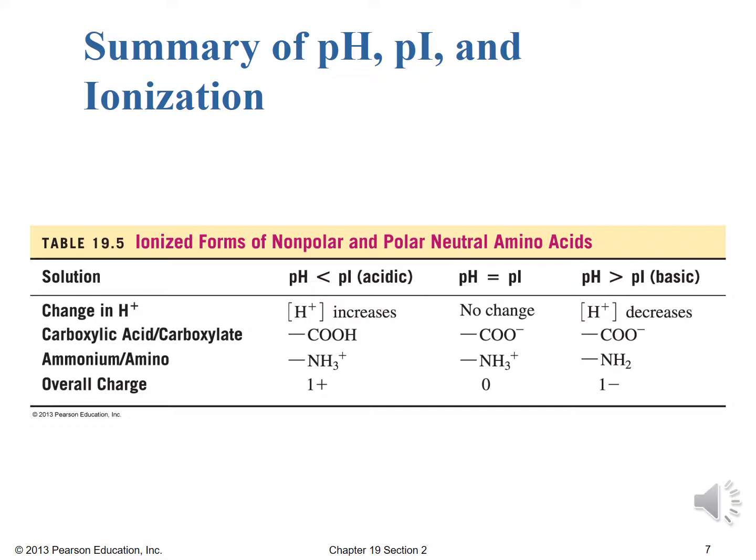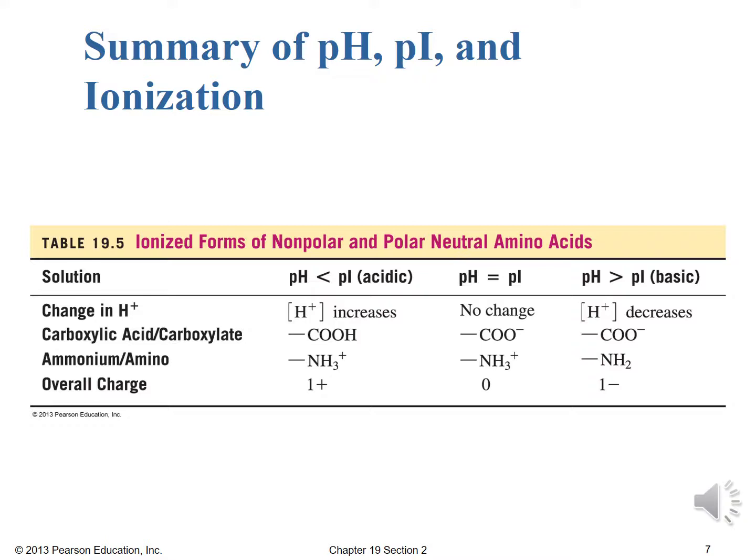Okay, so hopefully we've kept it all together. So the summary of the pH, the isoelectric point, and the ionization. If we look at this table 19.5 for the nonpolar and polar neutral amino acids, if the pH is less than the pI, which means we're in acidic conditions, the concentration of H+ or H3O+ increases. That means the carboxylic acid form is going to be favored over the carboxylate form.